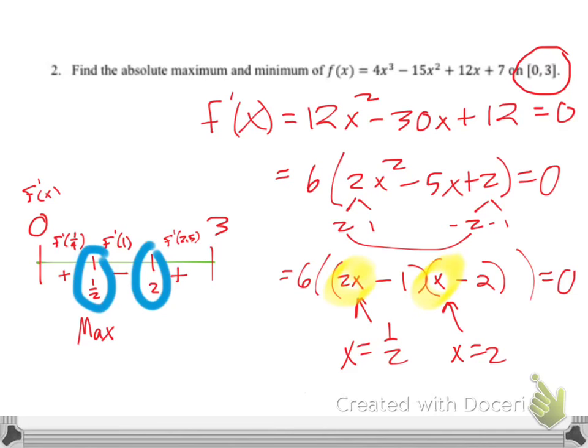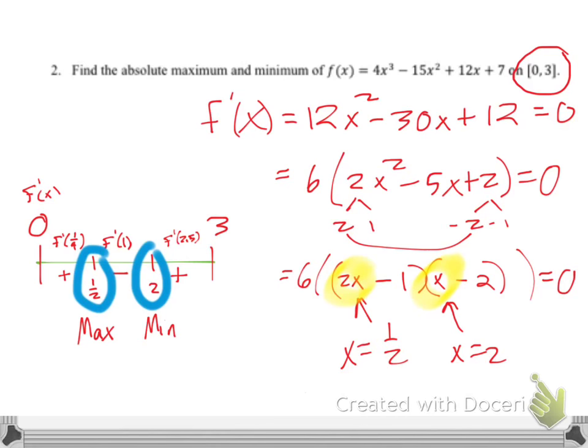Put in 1, and I'm going to get 2 take away 1, and I get a positive and negative, which is negative. And then finally, if I put in 2.5, I'll put it into the factored form of it. You'll see that I get a positive times a positive, so it's a positive overall. So I've got my relative max and min at x equals a half and x equals 2, respectively.